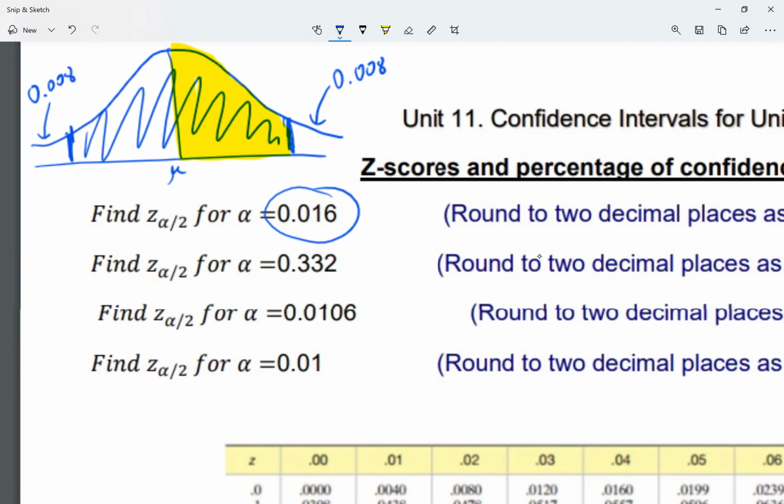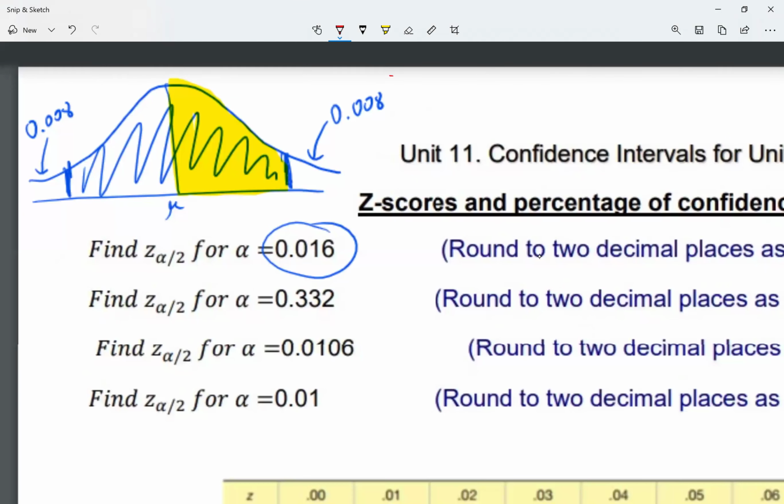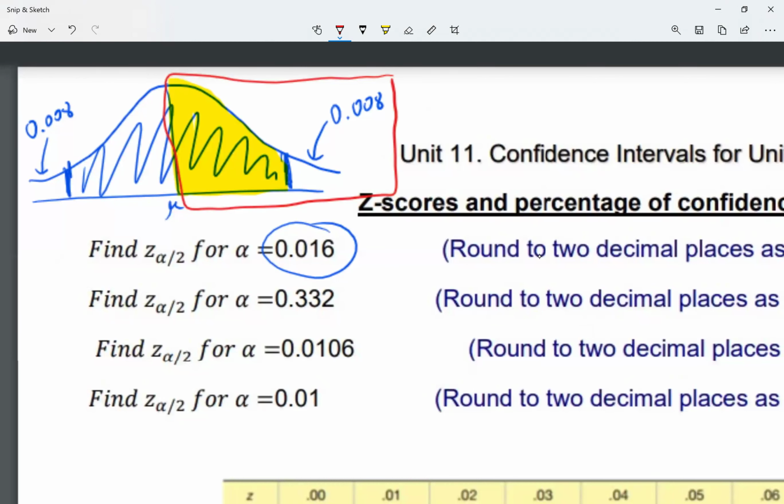I know this yellow area that I highlighted and this 0.008, these two combined, is 0.5, because the other half is right here on the left. Hopefully I'm not confusing you guys just yet. Notice how my value 0.016, I broke it into two halves. I'm interested in just this area, but I know my table only gives me half of my area. And I know this whole half is 0.5.